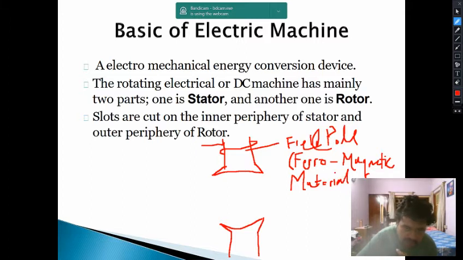Now around these poles, electric windings are connected or wound like this. So it is called a field coil. Let us say the current flows like this, goes through the back, again comes to the front, again goes through the back, and again comes to the front.